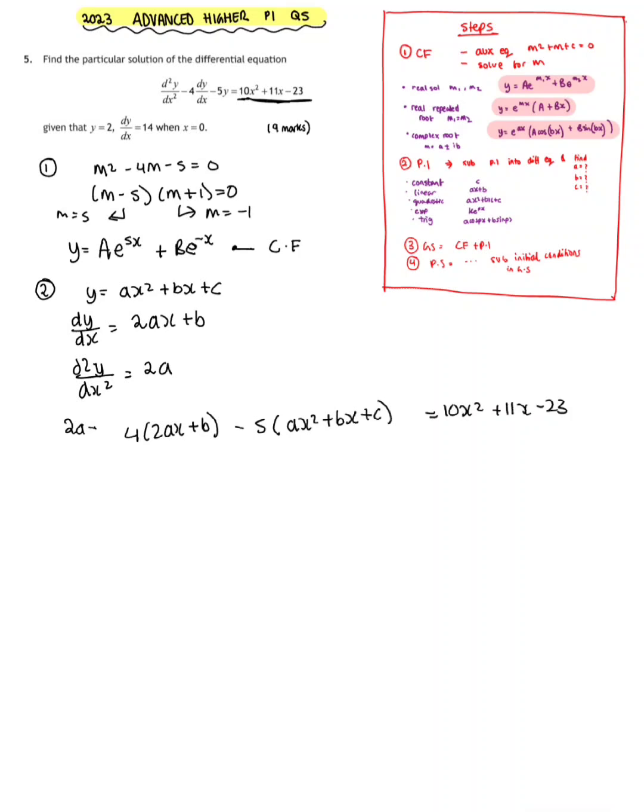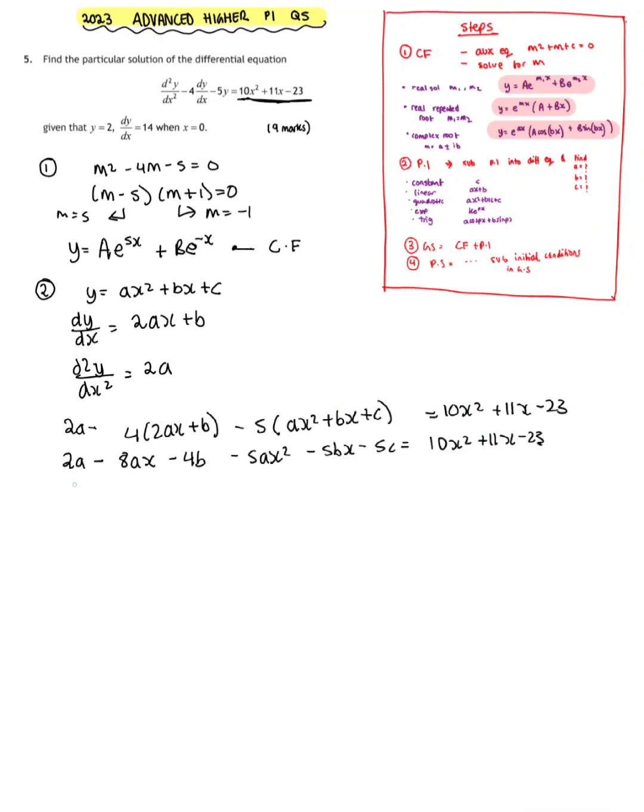And then we just want to simplify this down, which will give us 2a minus 8ax minus 4b minus 5ax squared minus 5bx minus 5c equals 10x squared plus 11x minus 23.